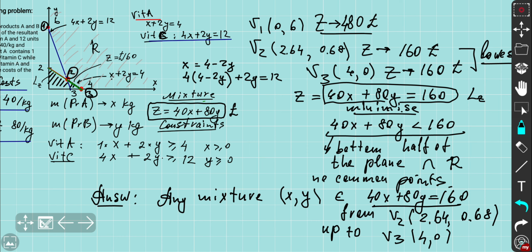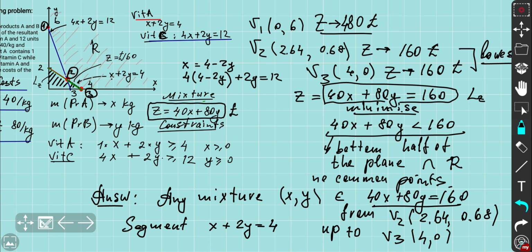You can even simplify that line by dividing by 40, so that you can have a segment in a simplified way. The segment is going to have the following equation: x plus 2y equals, we divide by 40, right? Yeah, x plus 2y equals 4.